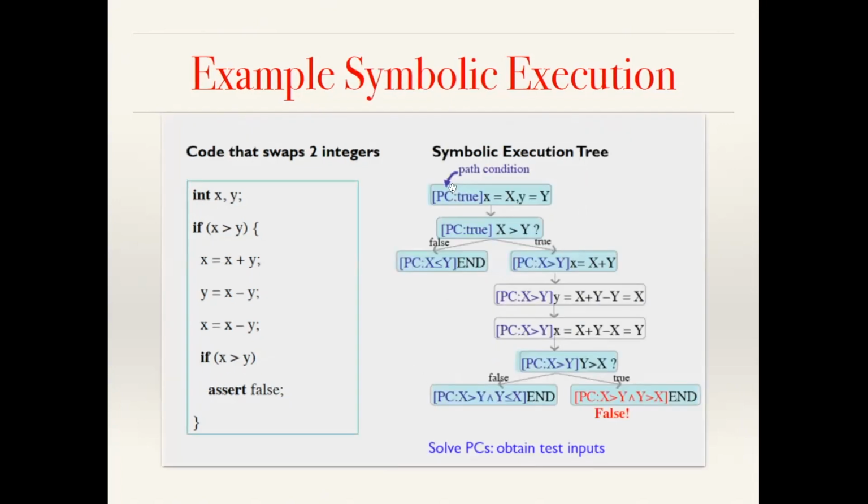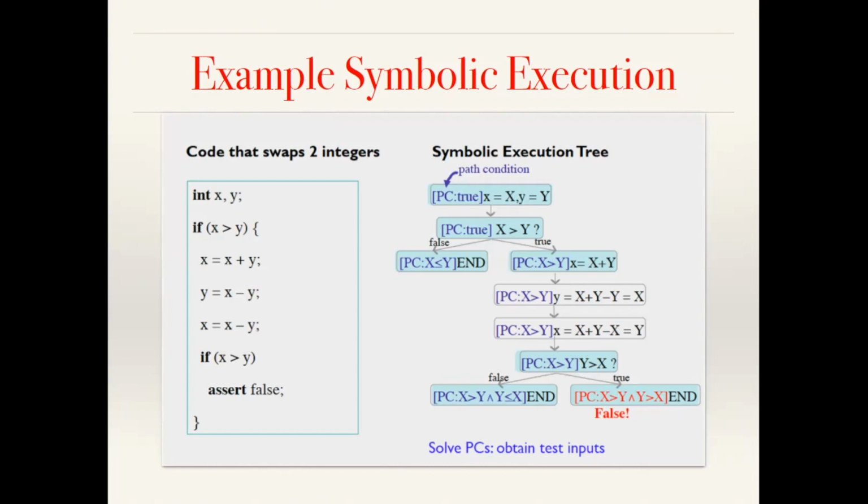Now, in contrast, with symbolic execution, as I said, we start with symbolic values. Here, the symbolic values are denoted with big X and big Y. The result of symbolic execution on these symbolic values is a set of traces rather than just one trace.